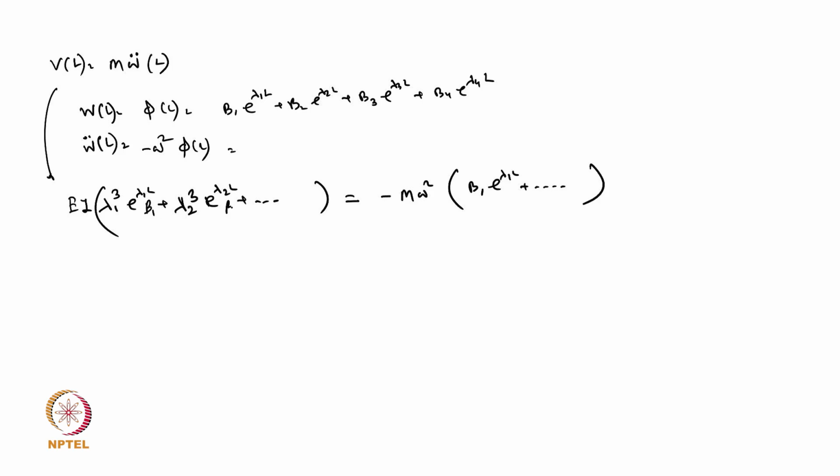Here we will have V1, V2 like this. So if you see the terms of V1, they are E I lambda 1 cube plus m omega square e to the power of lambda 1 L into V1. Same way V2, V3, V4 will be considered. That becomes 0 also, and all the terms are getting clubbed with V, and we will get that.